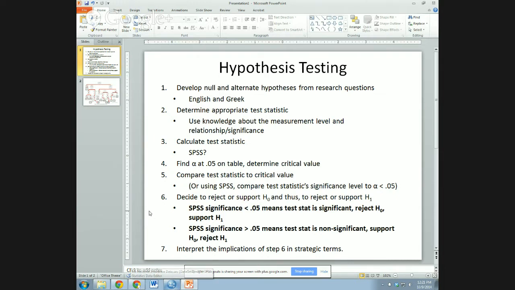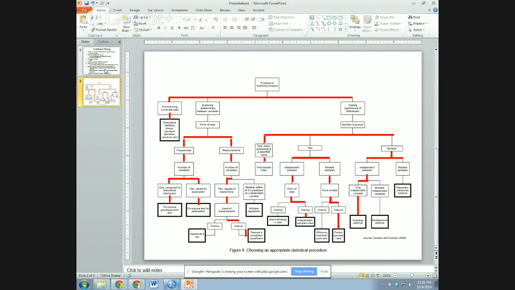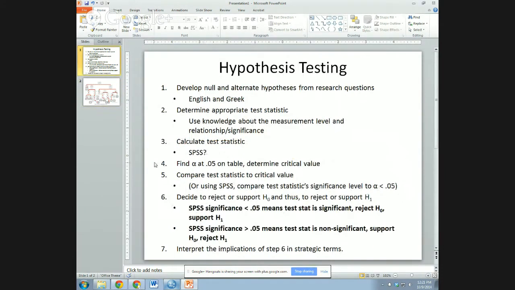So we've done quite a bit already between developing a hypothesis, which we have in a previous YouTube video, determining the appropriate test statistic based on this particular chart, and calculating the test statistic using SPSS, which makes the formulas that we're given very simple.